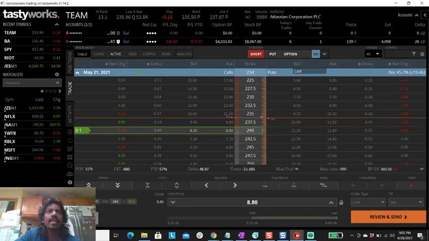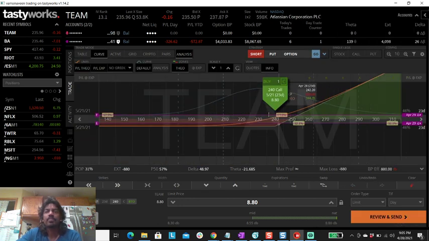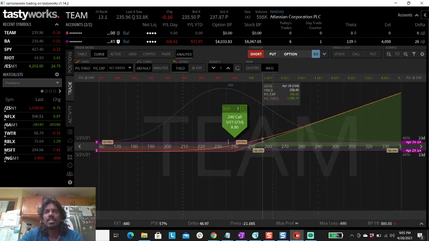You bought that, and I can go to the analysis page here. What this is showing you is if the stock price is anywhere above 240, which is the call option you bought, right? If it's anywhere above that, you make money. So the green area is where you make money.